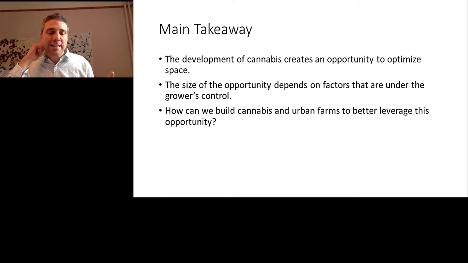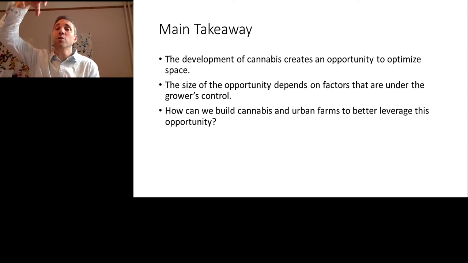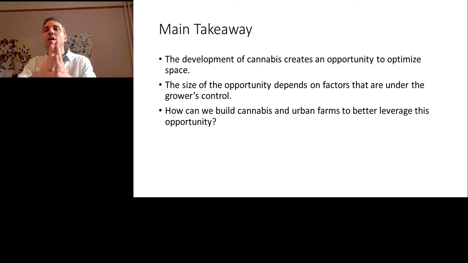And so that means that my plants are going to change, and that means that those factors we discussed about how much a plant grows after flowering, or how long the veg cycle is relative to the flowering cycle, are going to change with genetics, are going to change with my customers. Yet my facility doesn't change, right? Even though that change implies that the way I optimize space should change, my facility doesn't.